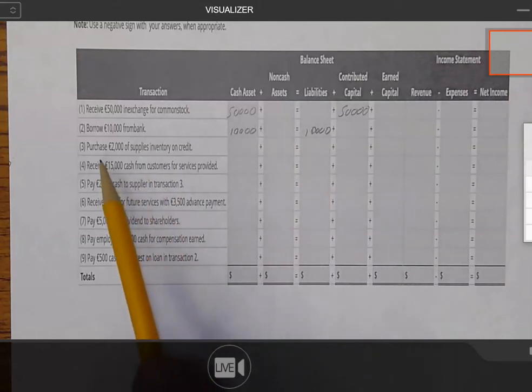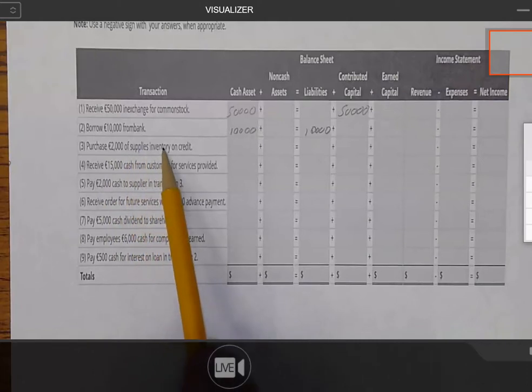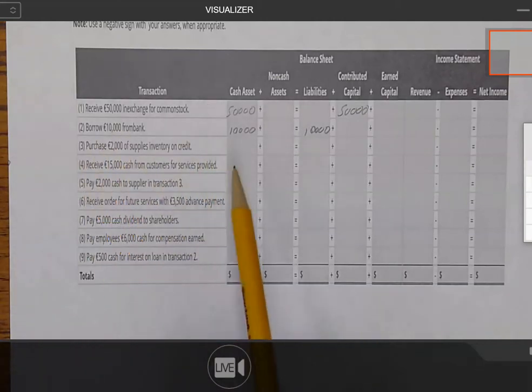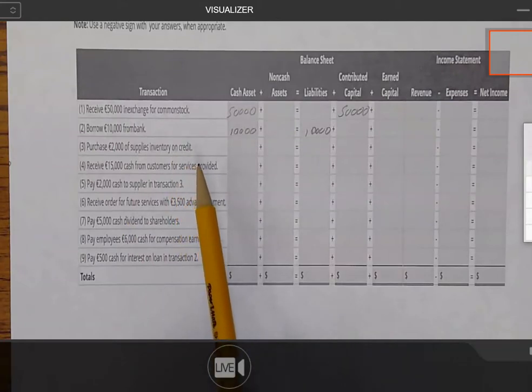Okay, number 3 says purchased $2,000 of supplies inventory on credit. Okay, so that's very, very important. And sometimes you will see this worded as on account. Now, the fact that they use on credit makes this a little bit easier, but I just want you to know this is called on account. They mean the same thing.